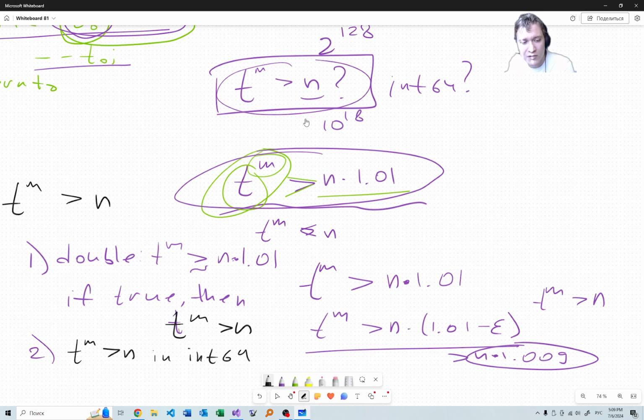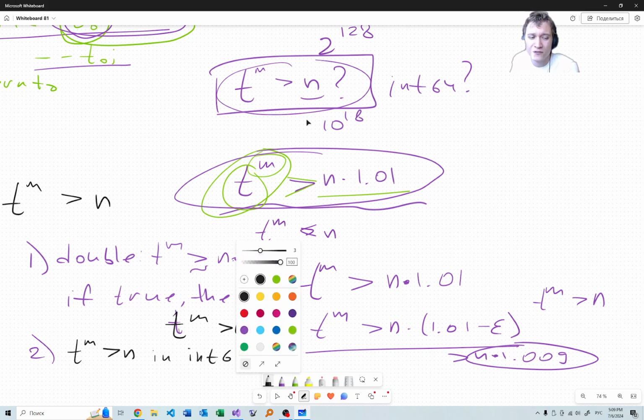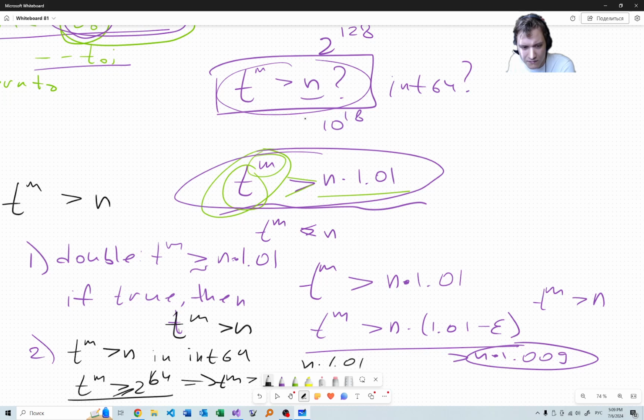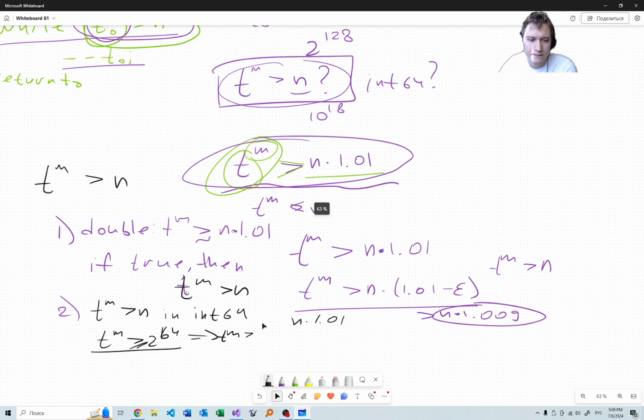And now we can do it because we know that there will be no overflow. If there would be an overflow, that would mean that t to the power m is greater than 2 to the power 64. But if this is the case, at least, then definitely t to the power m is greater than n times 1.01. Yeah?